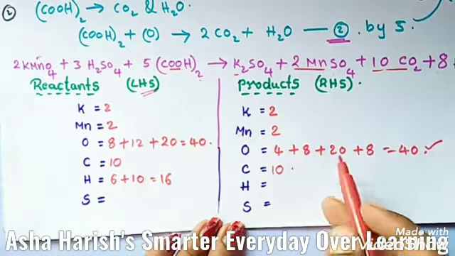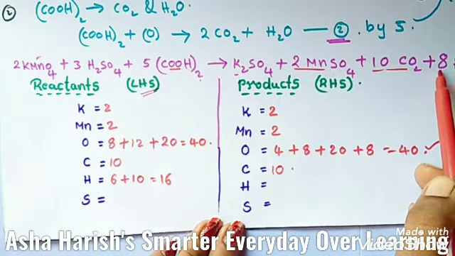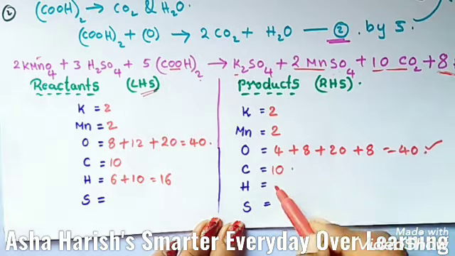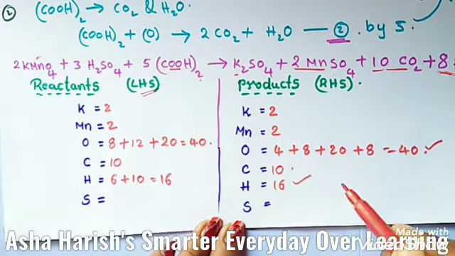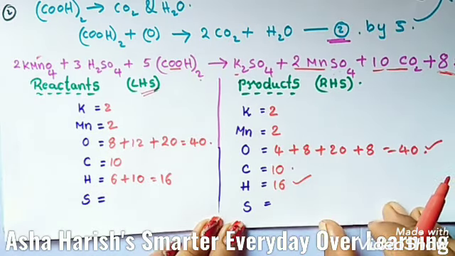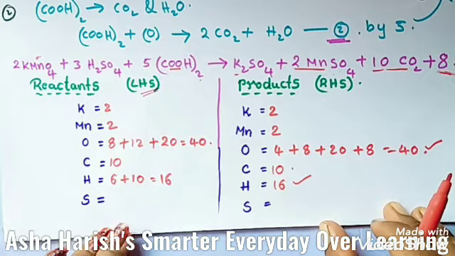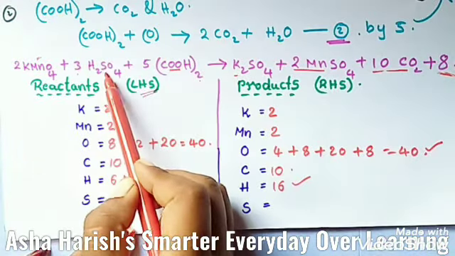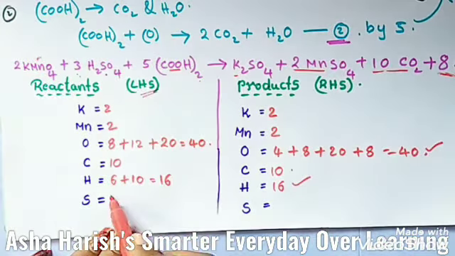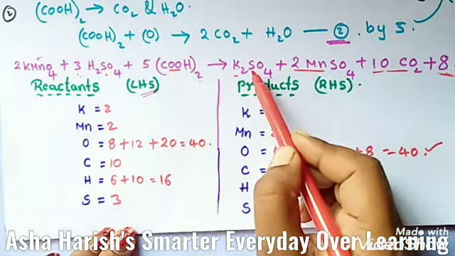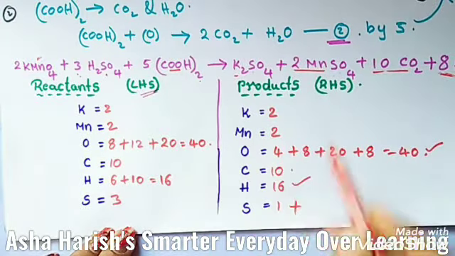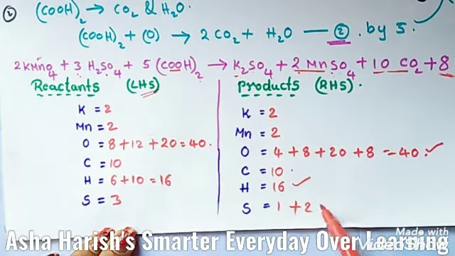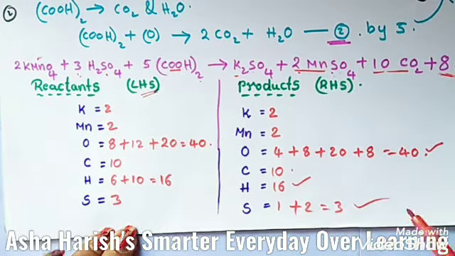And what about the product side? Hydrogens, here 8 into 2, 8 twos 16. Hydrogen is also balanced. Now what about sulfur? Here 3 sulfur atoms. And what about here? Here 1 sulfur plus 2 sulfurs, totally 3.